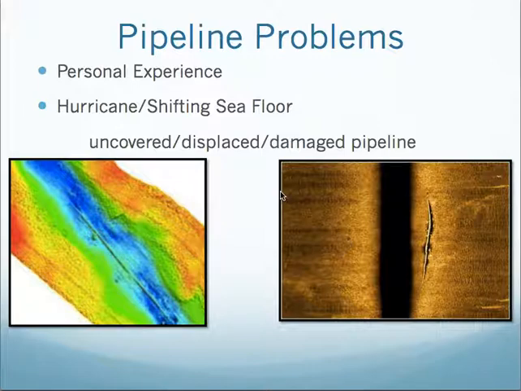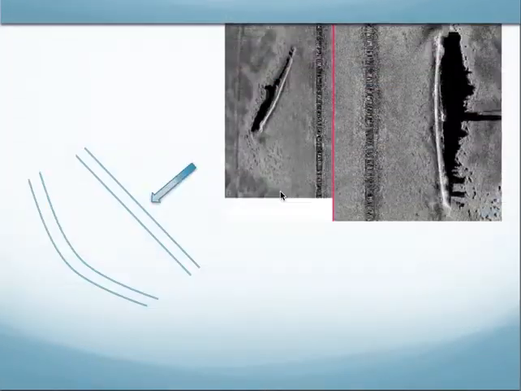From personal experience, I worked with a hydrographic surveying company for about 2 years, and I saw firsthand a lot of these uncovered, displaced, and damaged pipelines that have been raised from the sandy bottom of the Gulf of Mexico, either from a hurricane or anchors dragged along them, or just over time the sand has shifted and uncovered these pipelines, and many of them are bent and damaged and old.